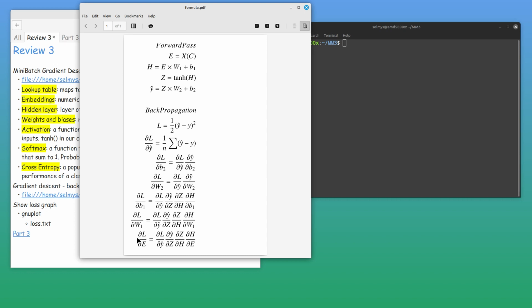And of course, once we work out the loss with respect to our embedded table, we can then unembed those gradients into our lookup table gradients, so that our lookup table can then be updated properly.